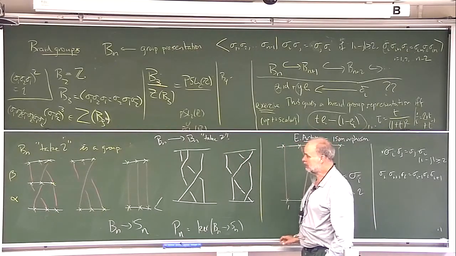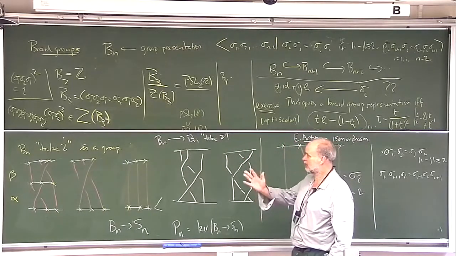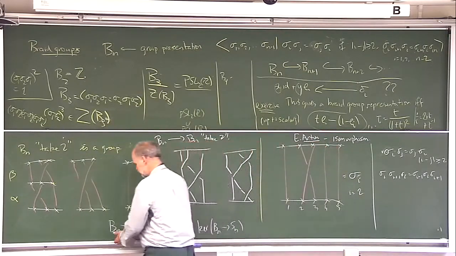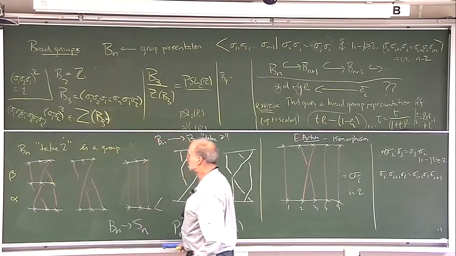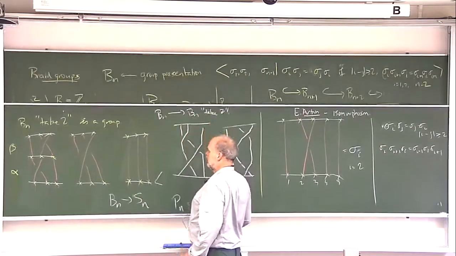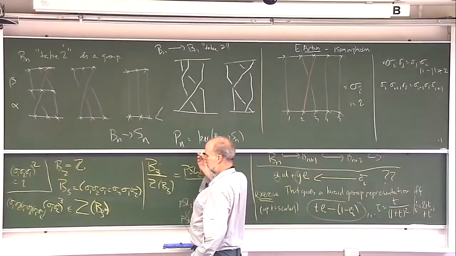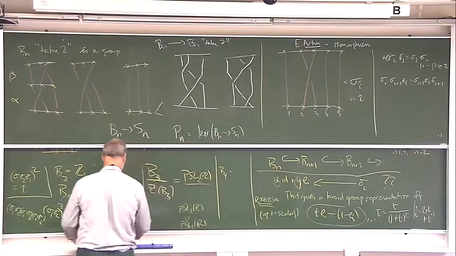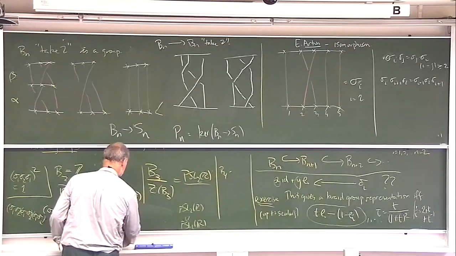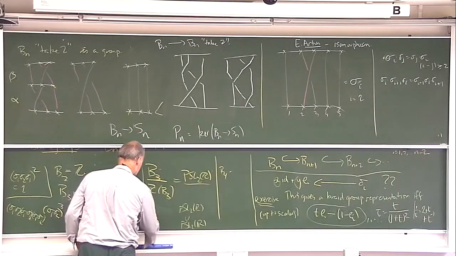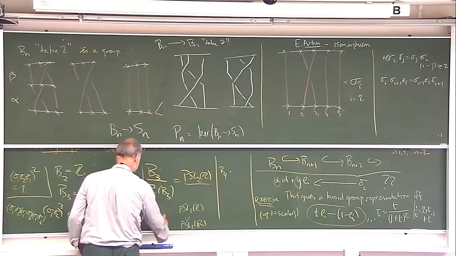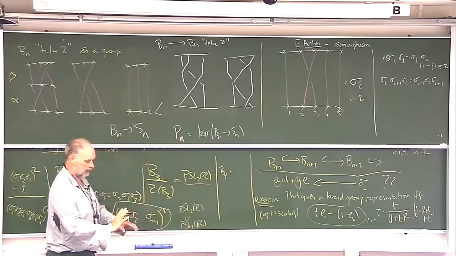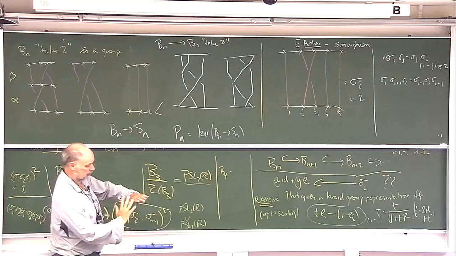Another thing you can see rather easily with this geometric picture is the fact that sigma 1, sigma 2 cubed is in the center. That was just a question of playing with the relations, but you can see that in general, sigma 1, sigma 2 up to sigma n minus 1, this braid is actually a 360-degree twist.